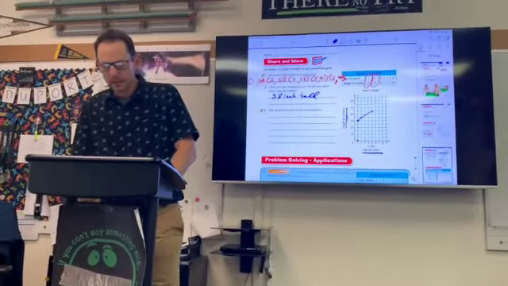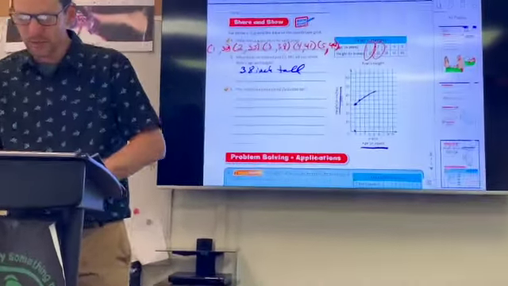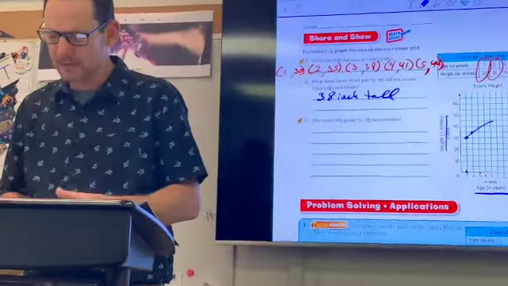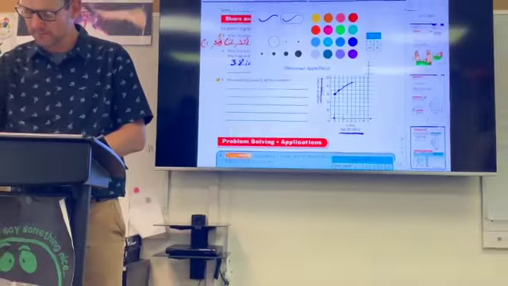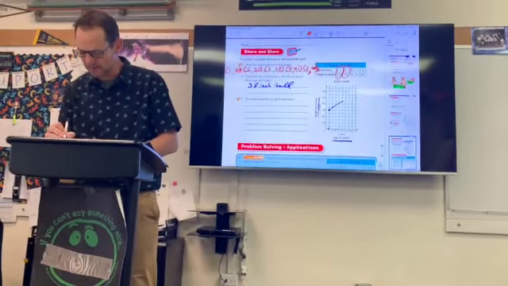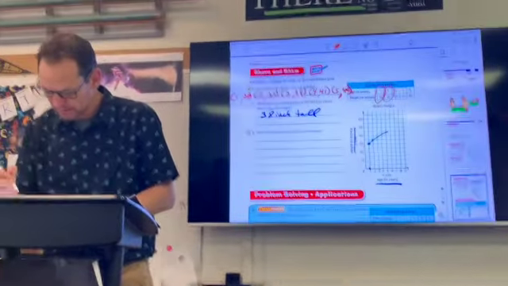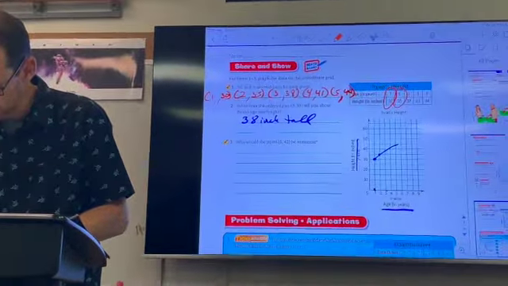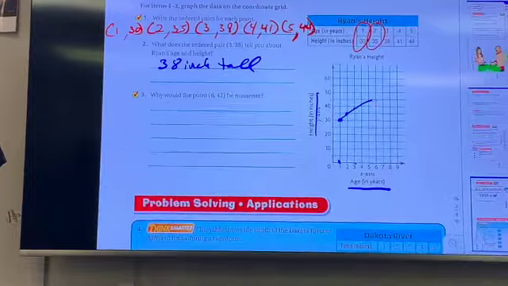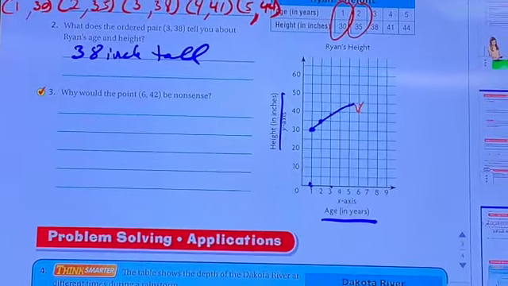And then question 3. Why would the point (6, 42) be nonsense? So let's put that on there. What is (6, 42), and why would it be nonsense? So 6, right? And then 42 is right down there. Look at that.